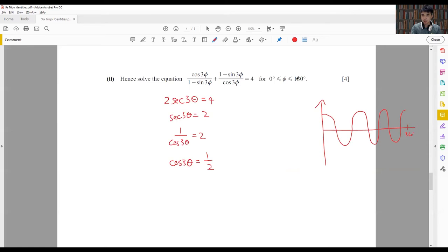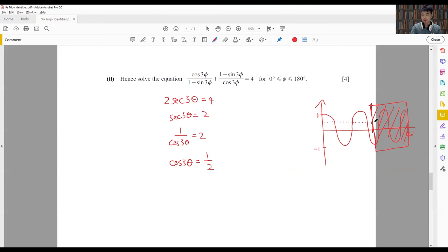But our range is only until 180, which means the halfway mark, everything beyond this point doesn't matter. And since it equals 1 over 2, this is our 1 and this is our negative 1. So 1 over 2 will be somewhere here.